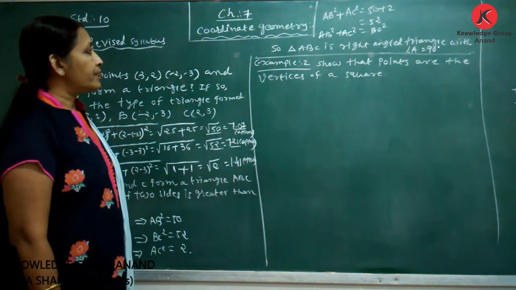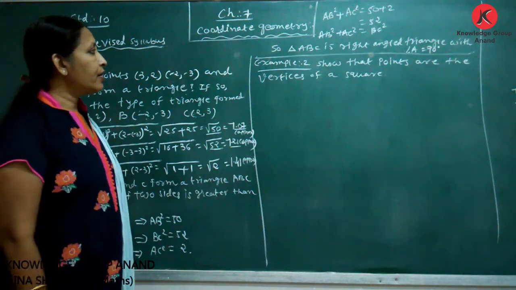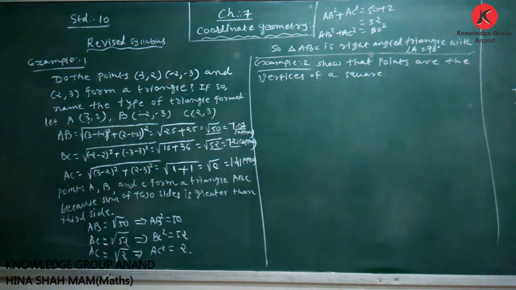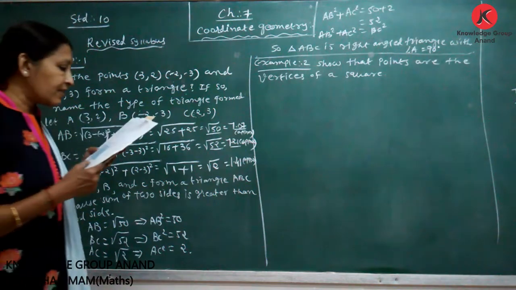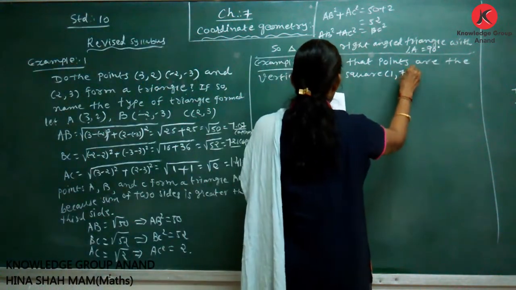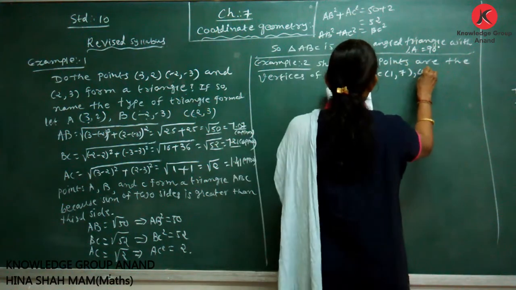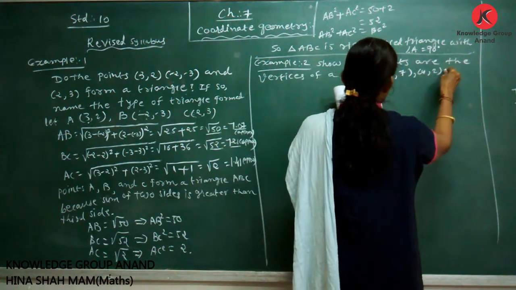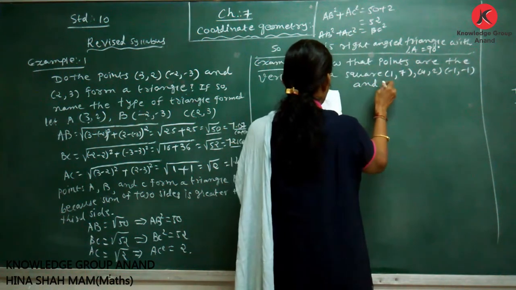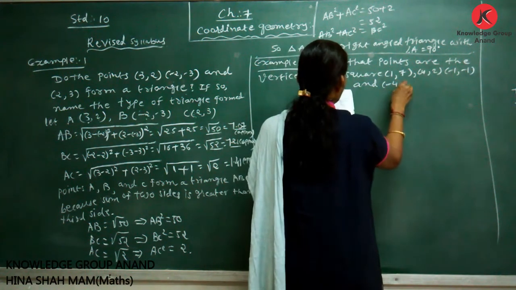Example number 2. Show that the points are vertices of a square. Which points are they? (1, 7), (4, 2), (-1, -1) and (-4, 4).